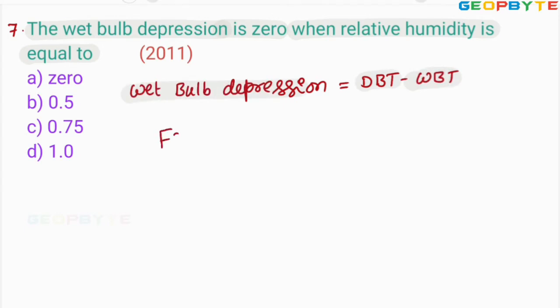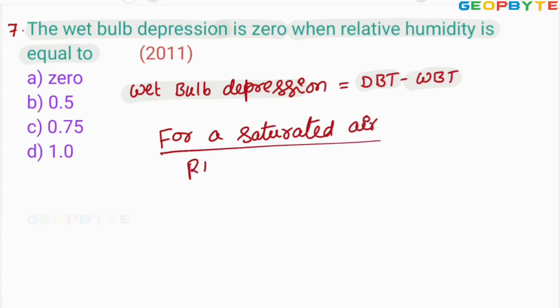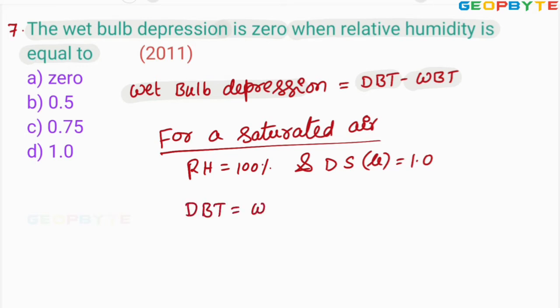Remember, for saturated air, relative humidity is equal to 100% and degree of saturation denoted by mu is equal to 1, and the DBT is equal to WBT is equal to DPT.